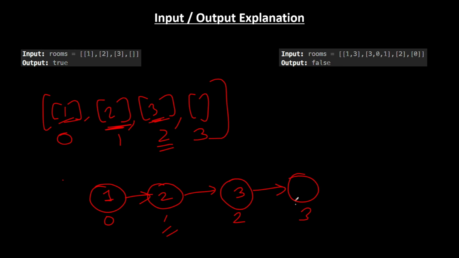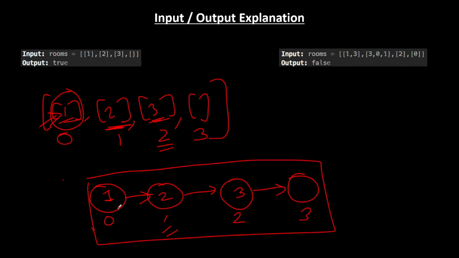And room 3 does not have anything, so it stops here. So this particular thing is the room, and within that is the key. We visited all the nodes, or we could say all the rooms having the keys.